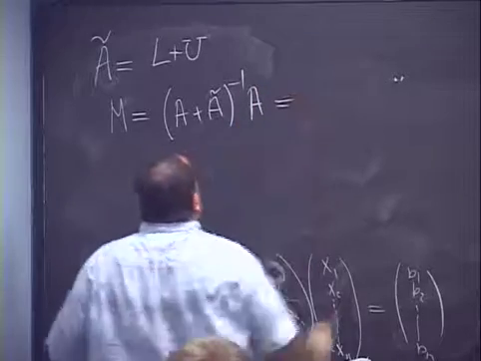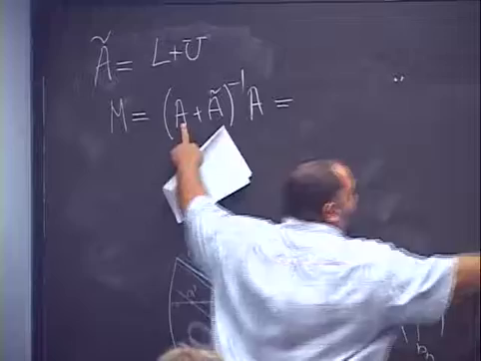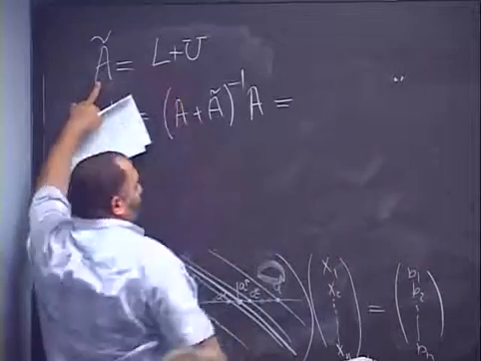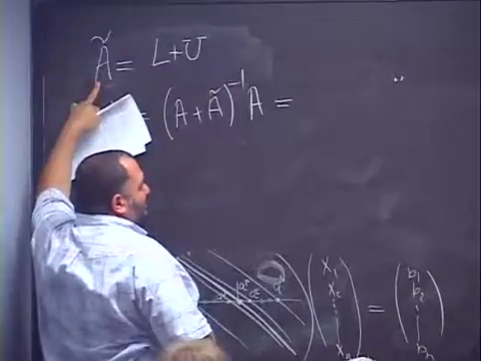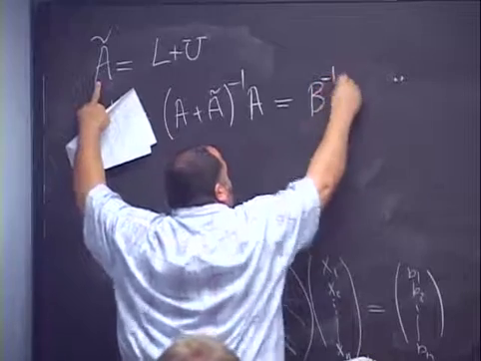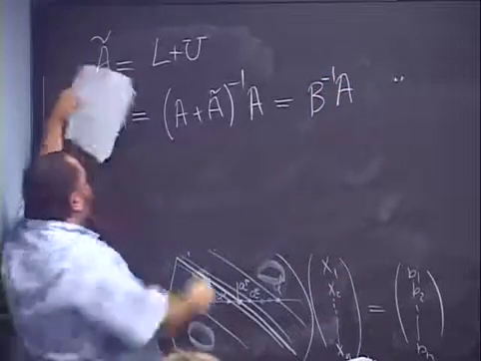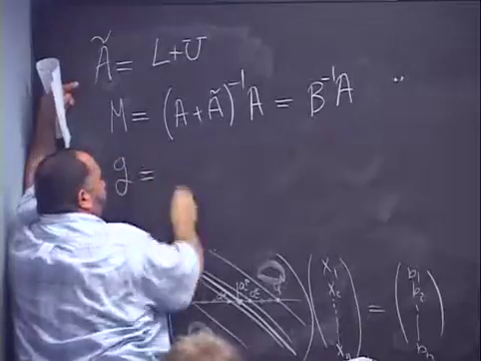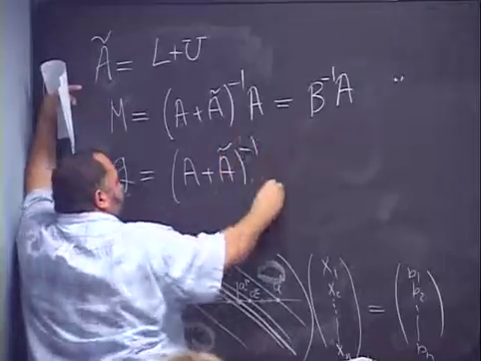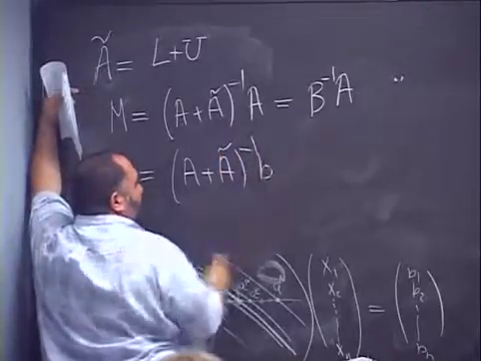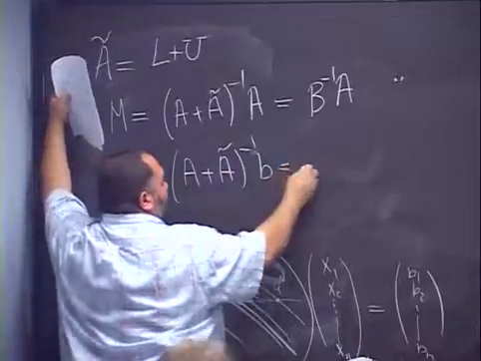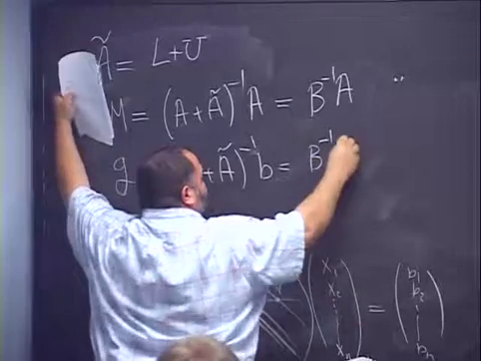And this is equal to what? Matrix A is B minus L minus U. And A tilde is L plus U. So I will end up with what? B to the minus 1 multiplied by A tilde. Yes, guys? And what's the matrix G? Matrix G is A plus A tilde to the minus 1 multiplied by what? By b. So this would be B to the minus 1 multiplied by the vector b.